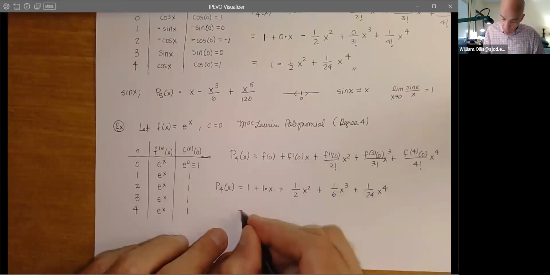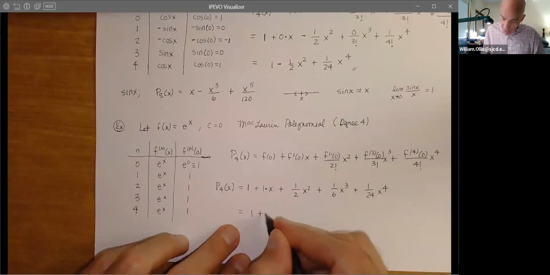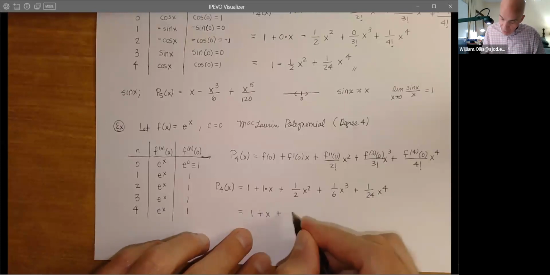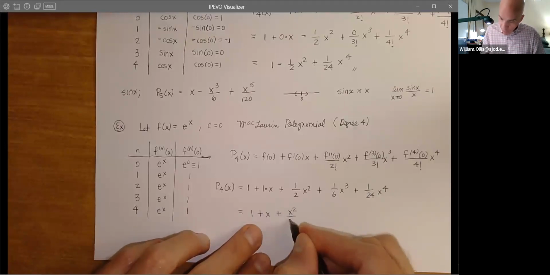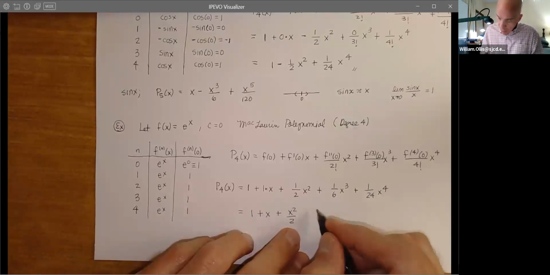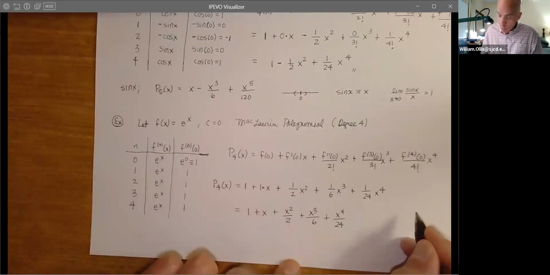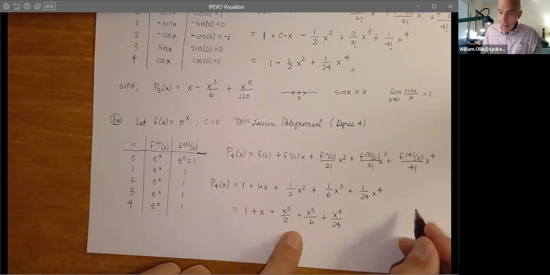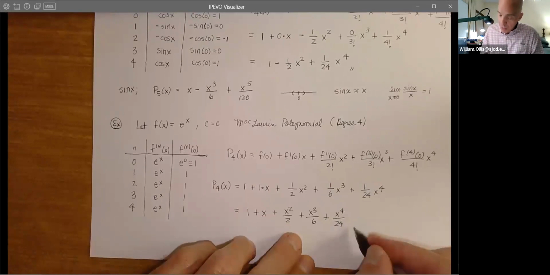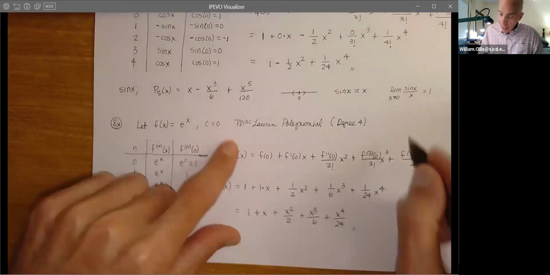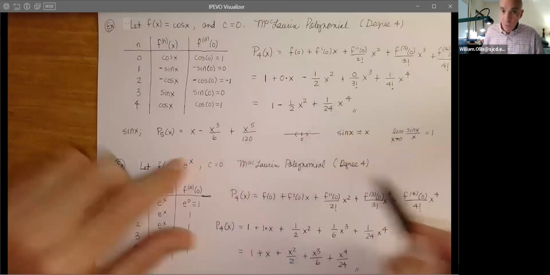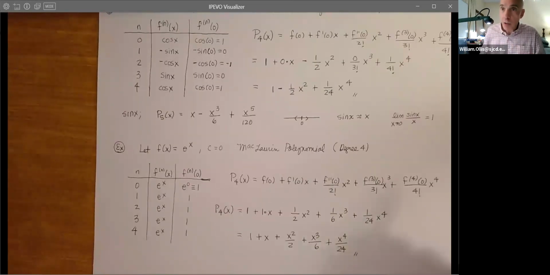So now we just get 1 plus x plus x squared over 2 plus x cubed over 6 plus x to the 4th over 24. So that's going to admit a nice simple formula, which is the power of x divided by the factorial. So this will admit a very simple formula in the Maclaurin series.